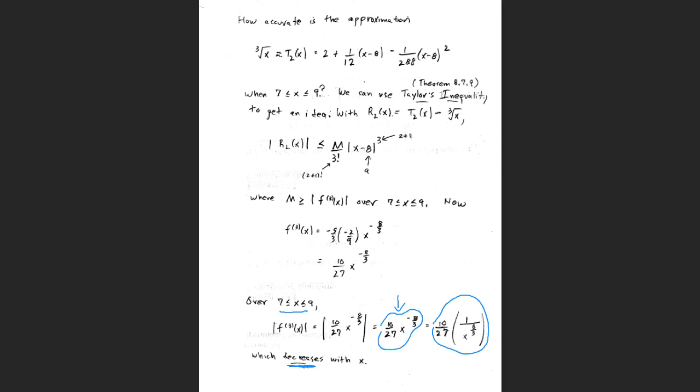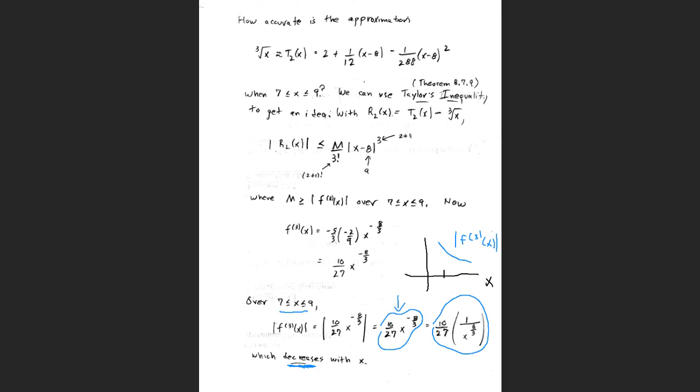So if we draw a little picture here, this third derivative, the absolute value of the third derivative, is decreasing with x.